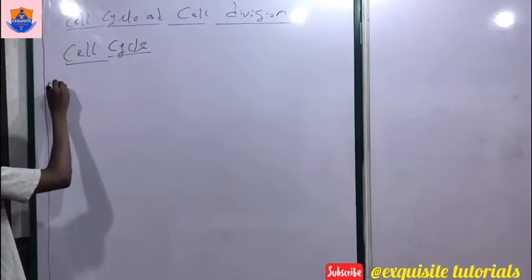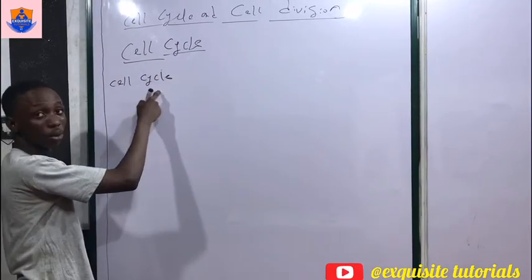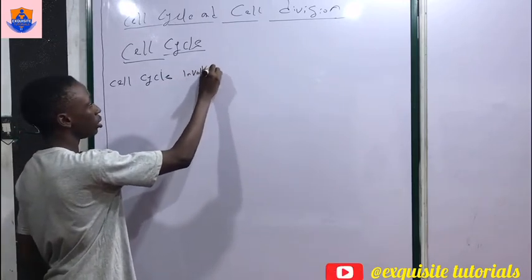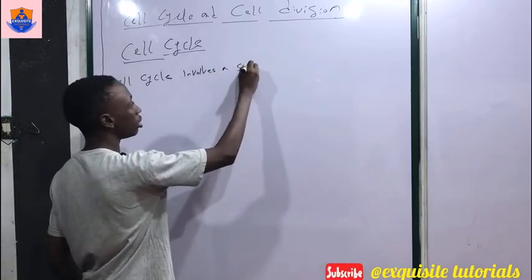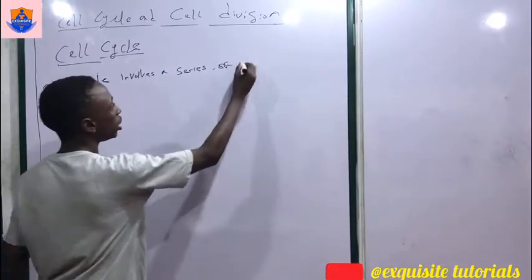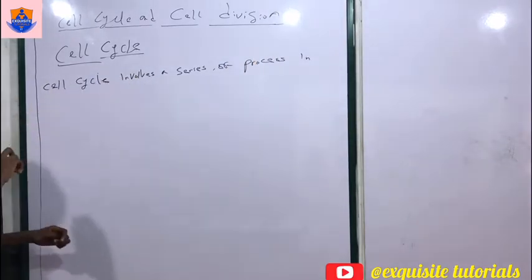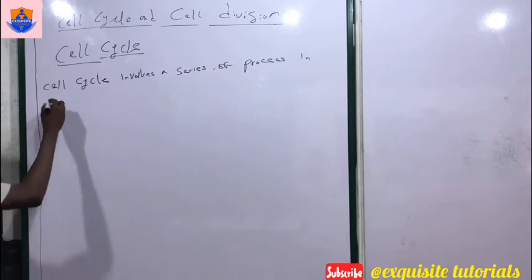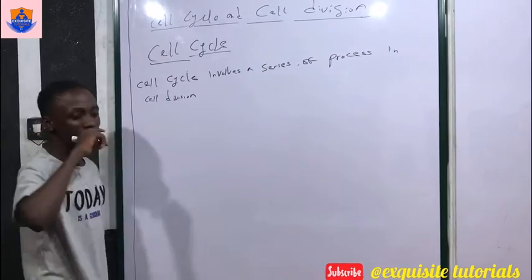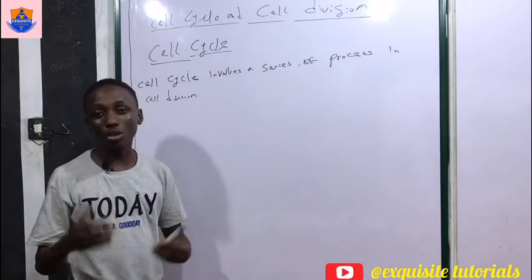Now, the cell cycle involves a series of processes in cell division, or we can also say the cell cycle is a series of processes which involves cell growth, in which the cells used to grow.